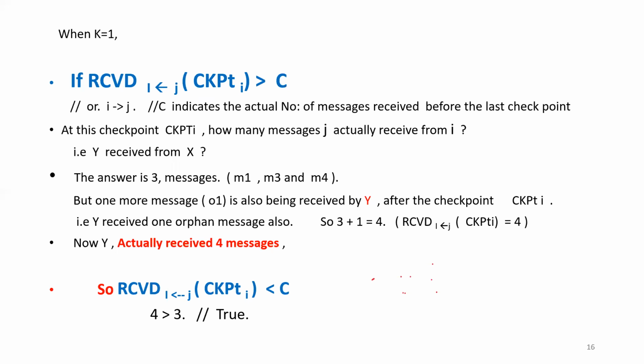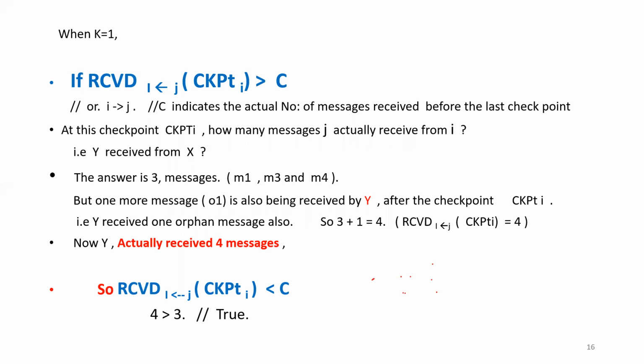E greater than C. What is C? C indicates the actual number of messages received before the last checkpoint. At this checkpoint, how many messages did J actually receive from I, that is, how many messages did Y actually receive from X? The answer is 3: M1, M3, M4. Only 3, so C equal to 3. But one more message, O1, is also received by Y after the checkpoint.